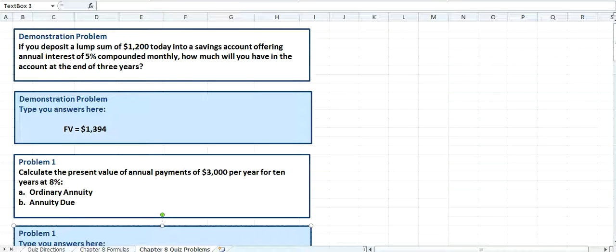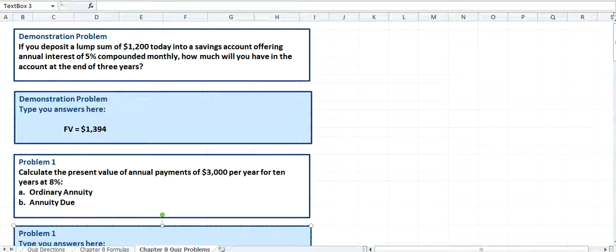Okay, so for the one I have here to demonstrate how this works, we have a deposit of a lump sum of $1,200 today into a savings account offering an annual interest rate of 5% compounded monthly.